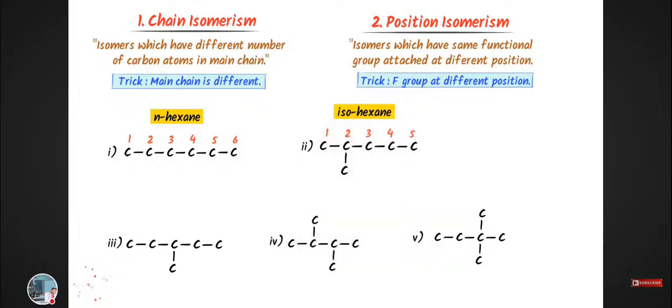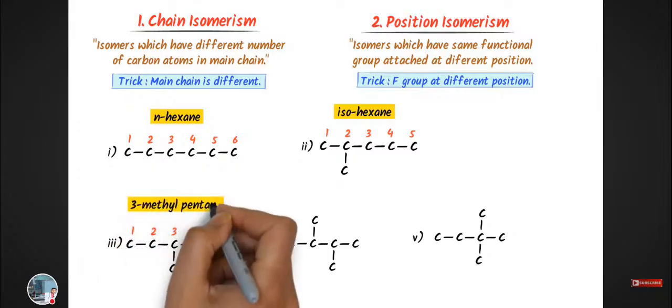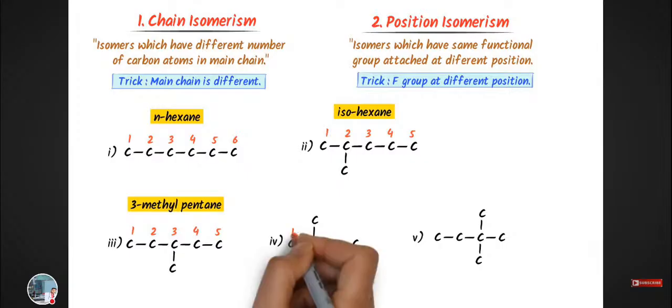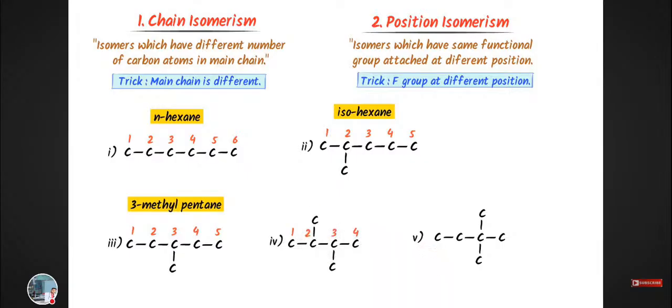Thirdly, I write 1, 2, 3, 4, 5. The methyl is present at the third carbon. I write 3-methylpentane. Fourthly, I write 1, 2, 3, 4. One methyl is present at the second carbon and another methyl is present at the third carbon.